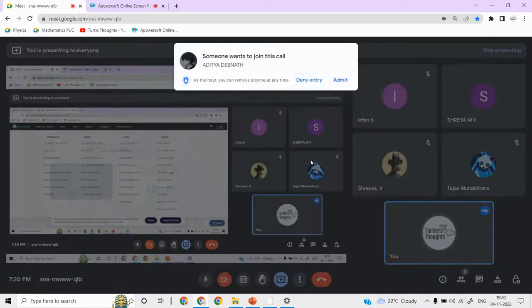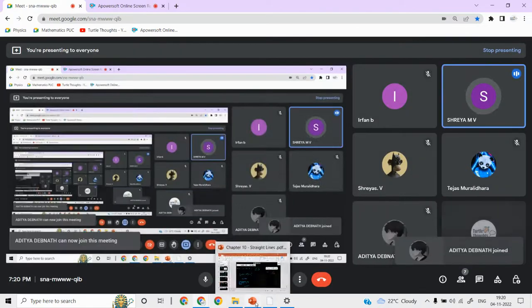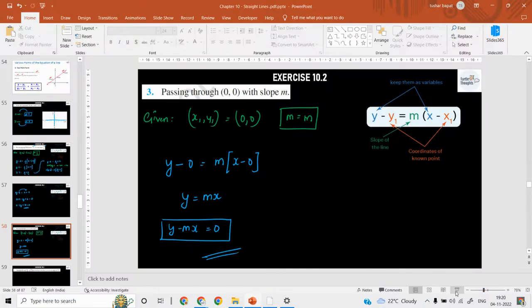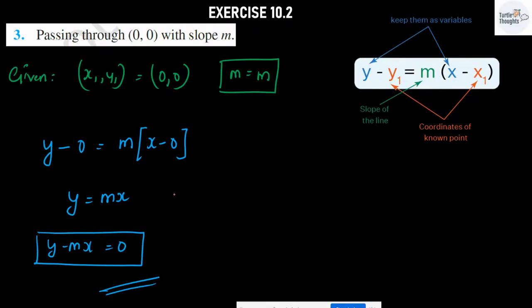So, can we also write the equation as mx minus y is equal to 0? Yes, you can write. Both are the same thing, right? You can write like this, or you can represent it the other way also. Mx minus y is equal to 0. Yes, you can do it this way also. But usually we make sure that y comes on the left hand side.